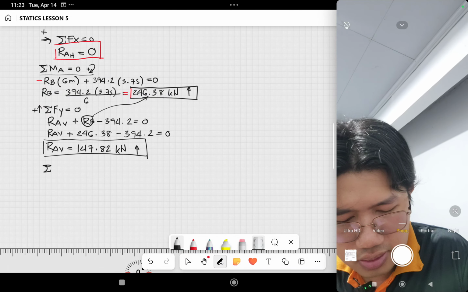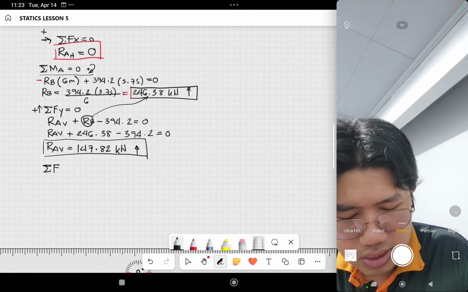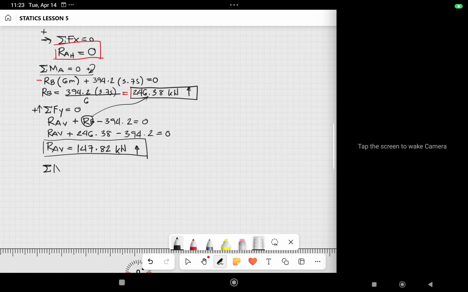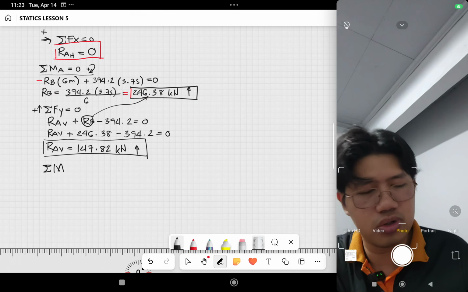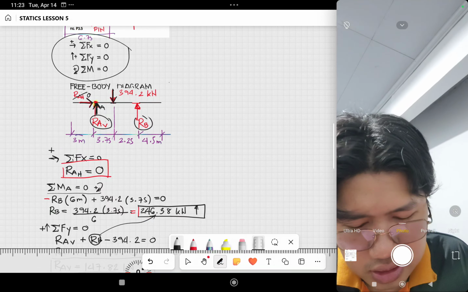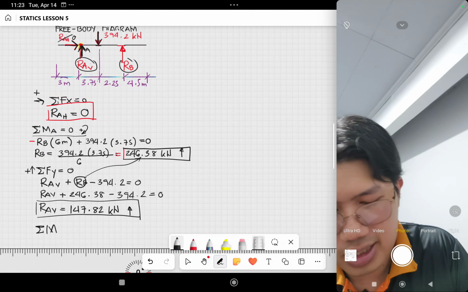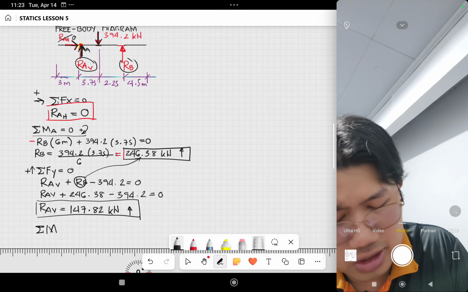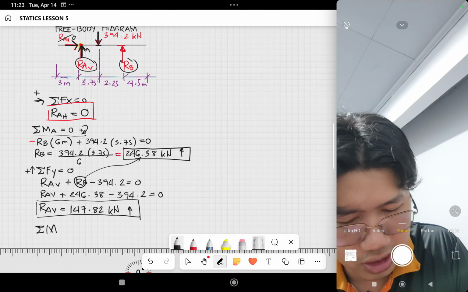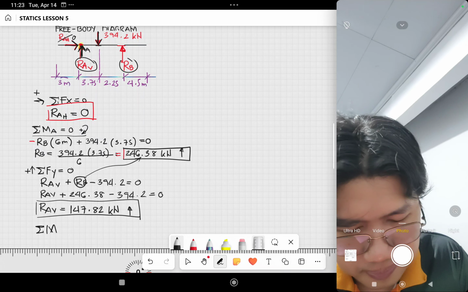So another solution that you can do is, instead of summation forces, you use summation moment ulit. Okay? So kanina nag-summation moment at A tayo, magka-cancel si RAV and si RAH, pero wala din namang kwenta yun na makancel si RAH dahil 0 na siya at the start.